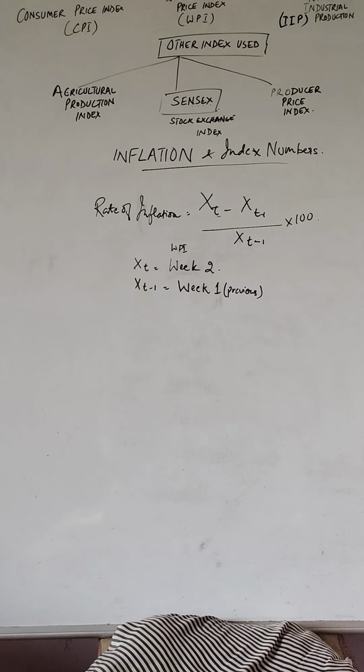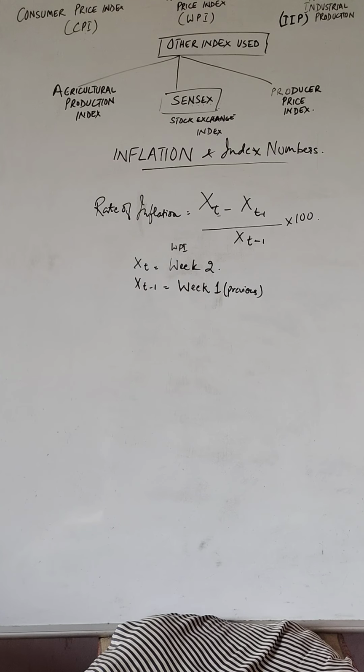So I'm going to ask you a question. Suppose there's a fall in the rate of inflation, does that mean that there's a fall in the price level? No, of course not. So there is a clear distinction between inflation and the rate of inflation.